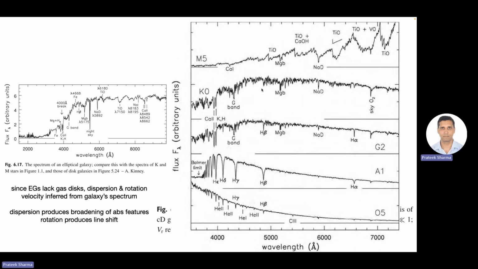If you can model those stellar spectra, then you can get a sense of the depth of the potential well of these systems. Here is an example of a composite spectrum of a galaxy. You remember the stellar population synthesis that I mentioned?